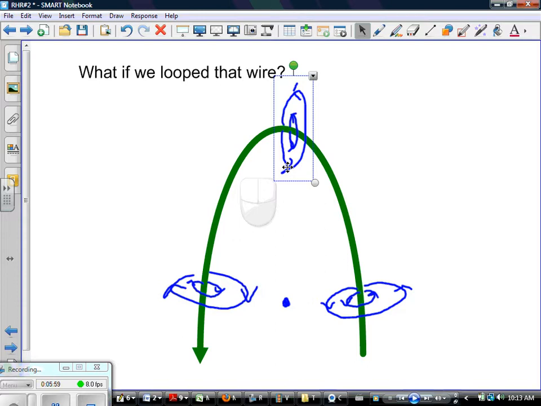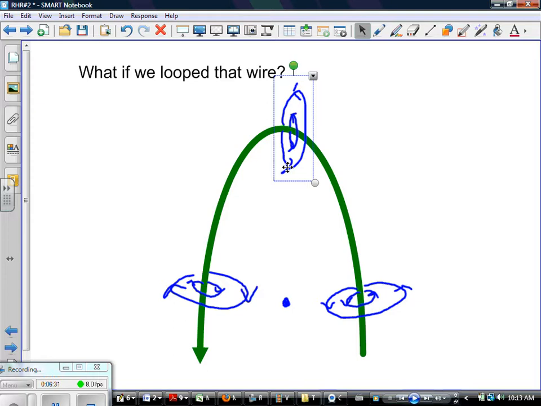If we loop it over and make it strong enough, they're all interacting and they're all acting in the same way. So you have a force from this magnetic field here, you have a force from this field here, you have a force from this field here. Now you have all 3 of them acting together on the same point, and all in the same direction. So it makes the field stronger. Because they're all acting in the same direction, we get a stronger magnetic field. Well, what happens if I loop that wire over again?